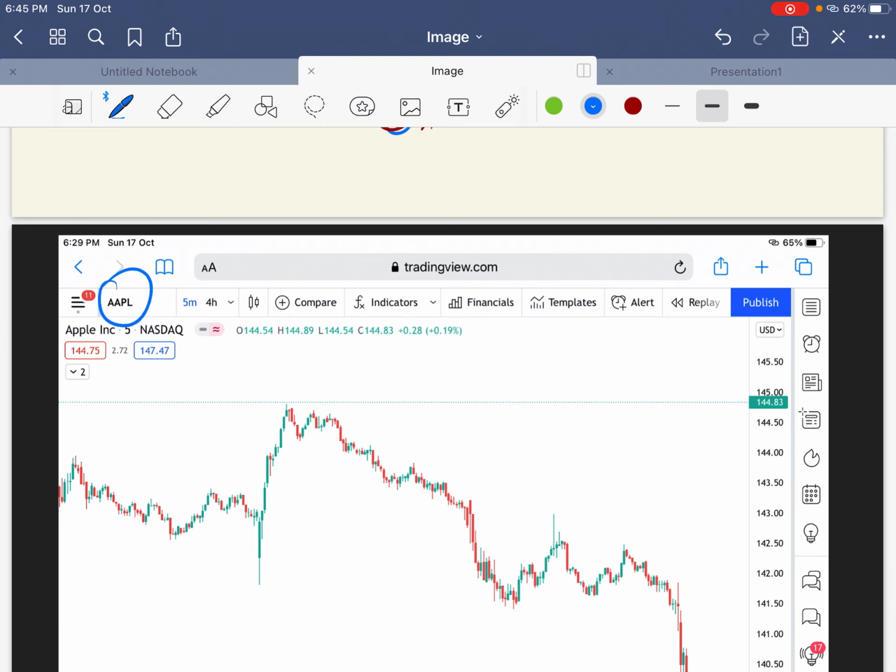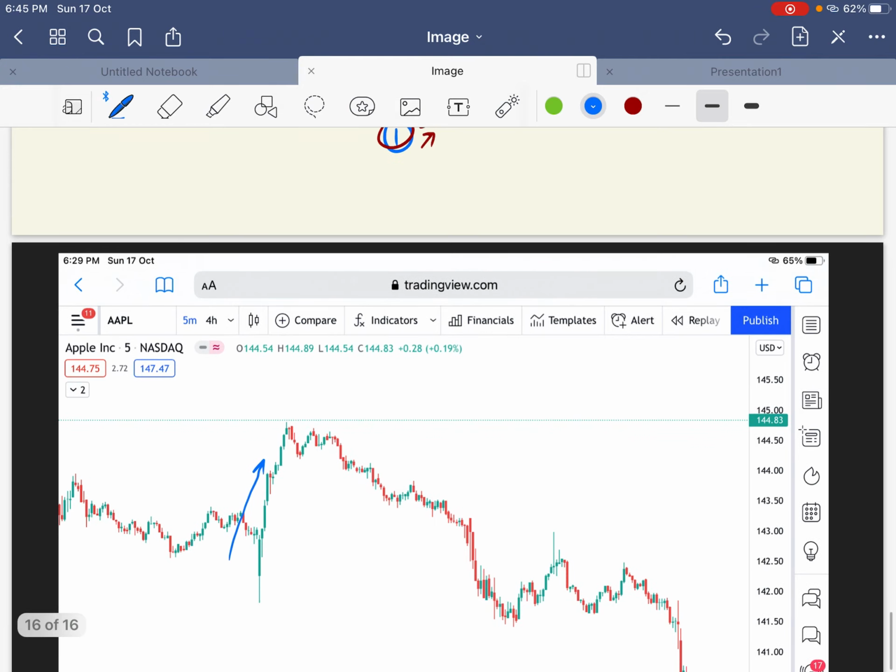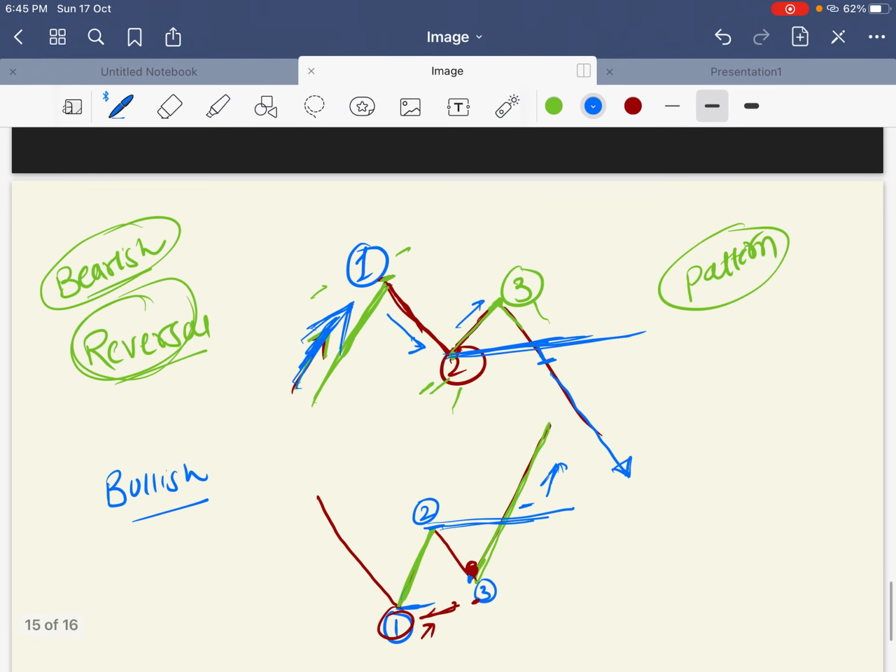As you can see, we are on the 5-minute chart, and we will take an example for the bearish 1-2-3 reversal pattern. As you can see from here, the chart is in an uptrend or rally in the beginning, and after this at this point we can write number 1, the highest point, number 2 is the lowest, and number 3 is in between 1 and 2, as we discussed here in case of the bearish pattern.